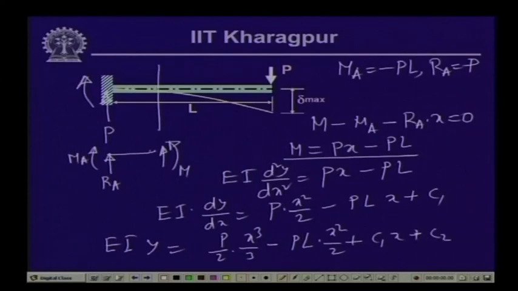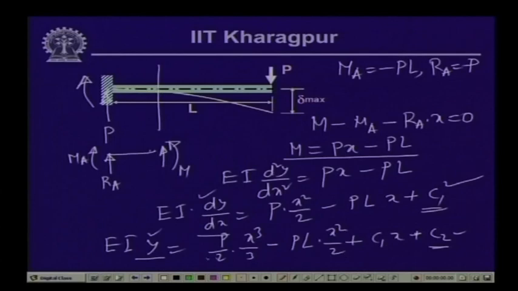C 1 and C 2 can be evaluated from the boundary conditions again. At x equals 0, dy/dx is 0, and at x equals 0, y also is 0. So, at x equals 0, dy/dx equal to 0 gives C 1 equals 0, and at x equals 0, y equal to 0 gives us C 2 equals 0.